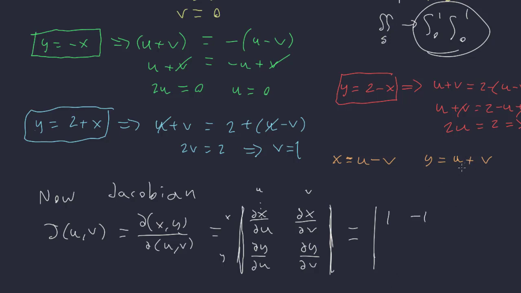The derivative of y with respect to u is going to be 1, and the derivative of y with respect to v will be 1. Okay, and then we just take the determinant of this matrix. So we'll get 1 minus a negative 1. So we get 2.